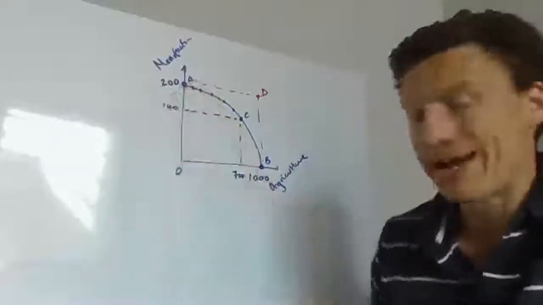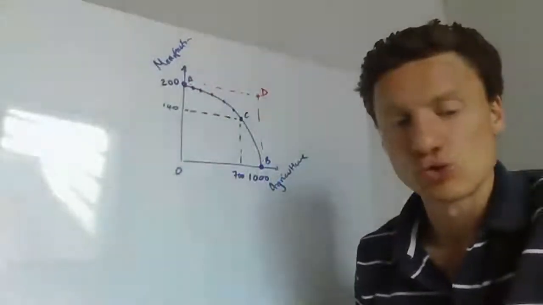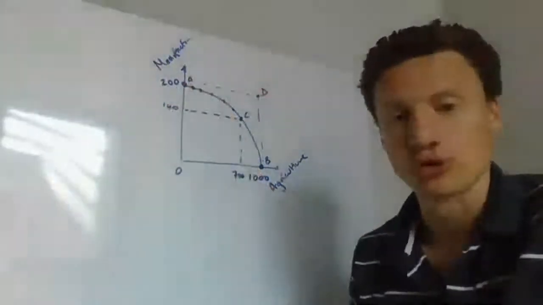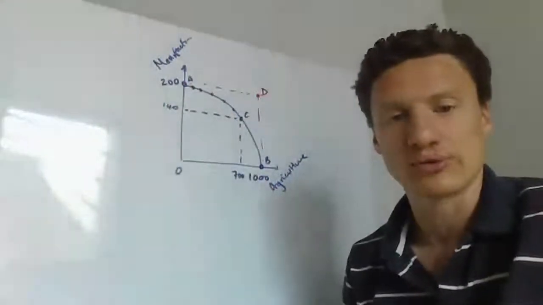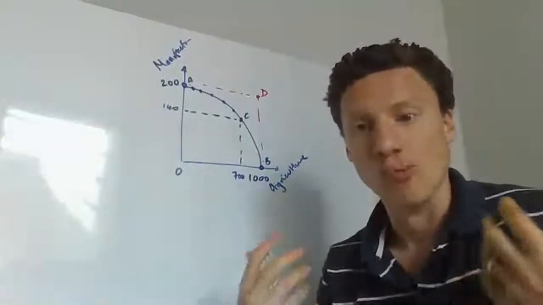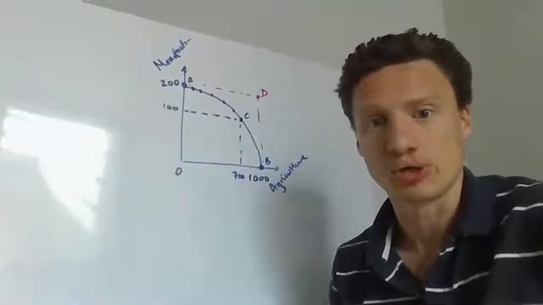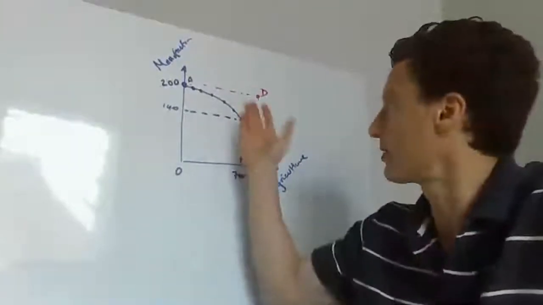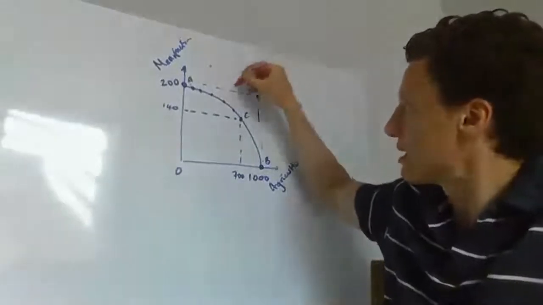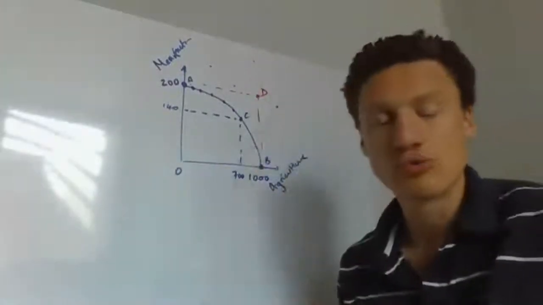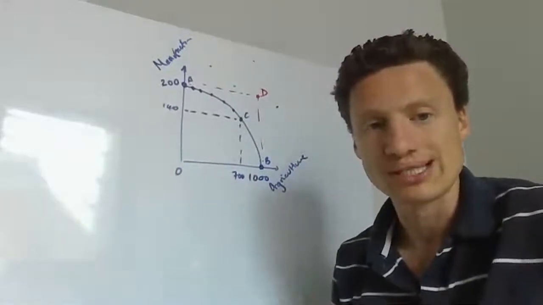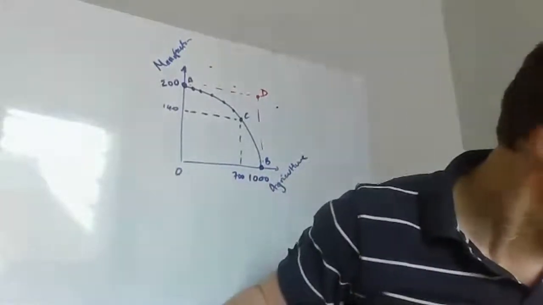But there is no way at the moment, with the scarce resources that our economy has, that we could make 200 manufactured goods and 1,000 agricultural goods. In order to do that, we'd need more factors of production, which we'll come to in a moment. But for now, it's unobtainable. And in fact, any of those red points there are currently unobtainable, given the scarce resources that this country has.